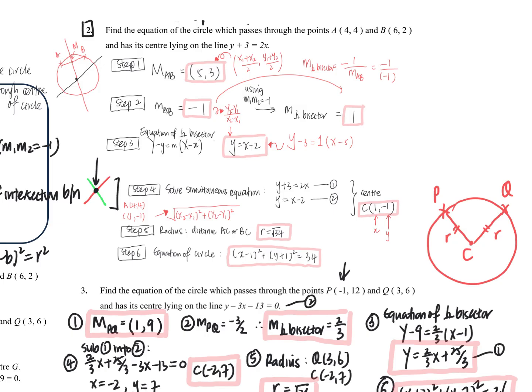Because the gradient formula states that the gradient of GQ is y2 minus y1 over x2 minus x1, and it should be equal to 5. So when you cross multiply, y minus 12 is 5. Is it 5 or minus 5?